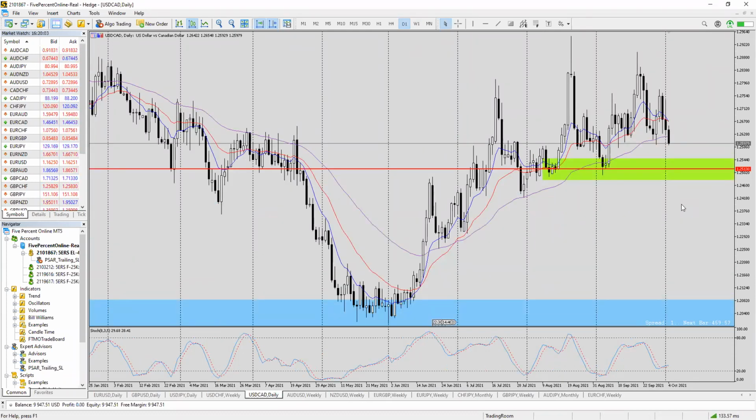Obviously, if oil continues moving higher above 75, 76, and starts going much stronger, then we expect the Canadian dollar to gain momentum and become stronger, and then the dollar CAD will start going lower.